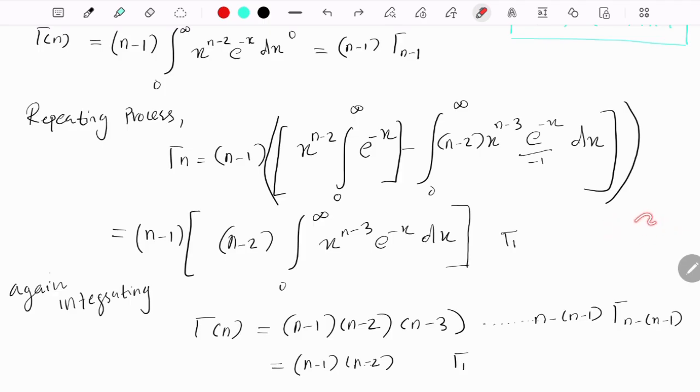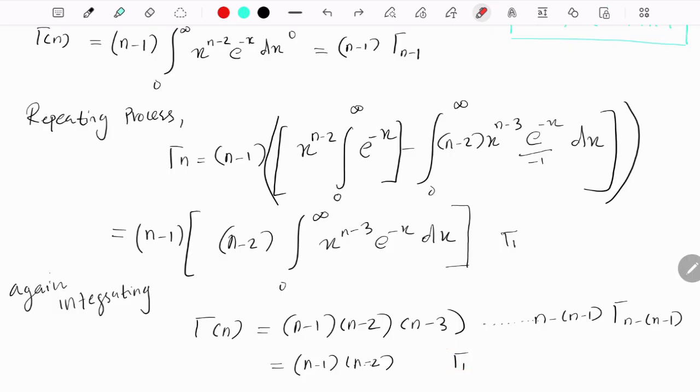So this process will continue up to n minus 1 term. Okay. So what is n minus 1? This is equal to 1. So this process will continue up to gamma of 1.